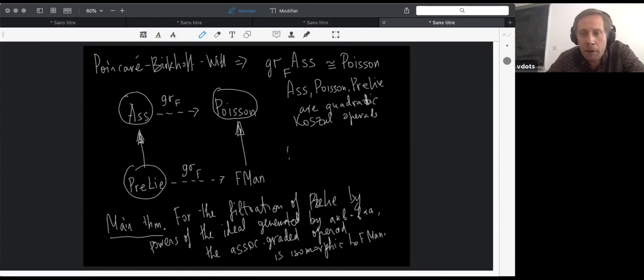And the operad of F-manifold algebras is not quadratic.